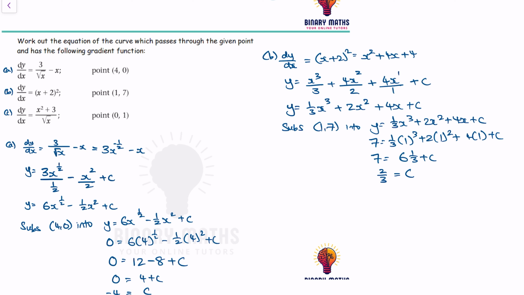So if I rewrite it, y is equal to a third x cubed plus 2x squared plus 4x plus 2/3.